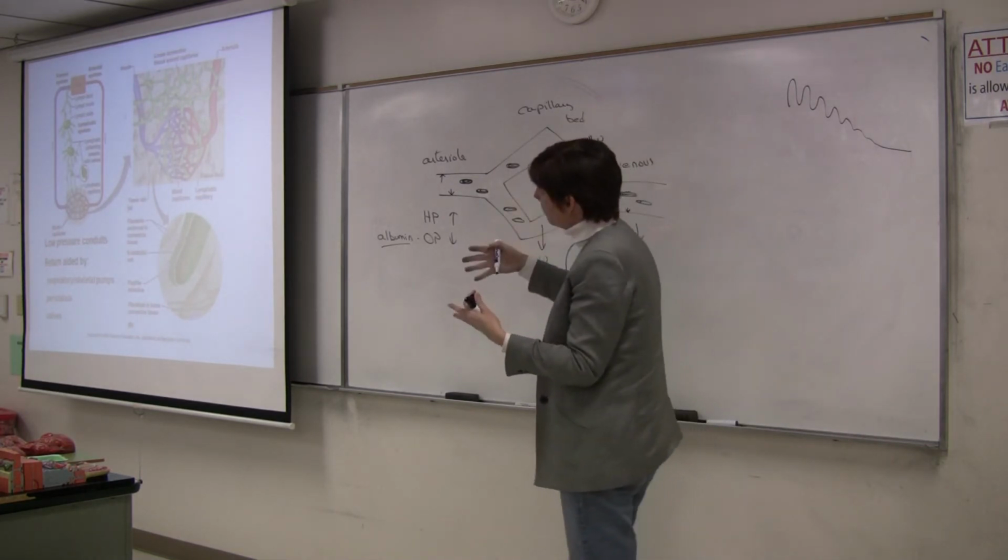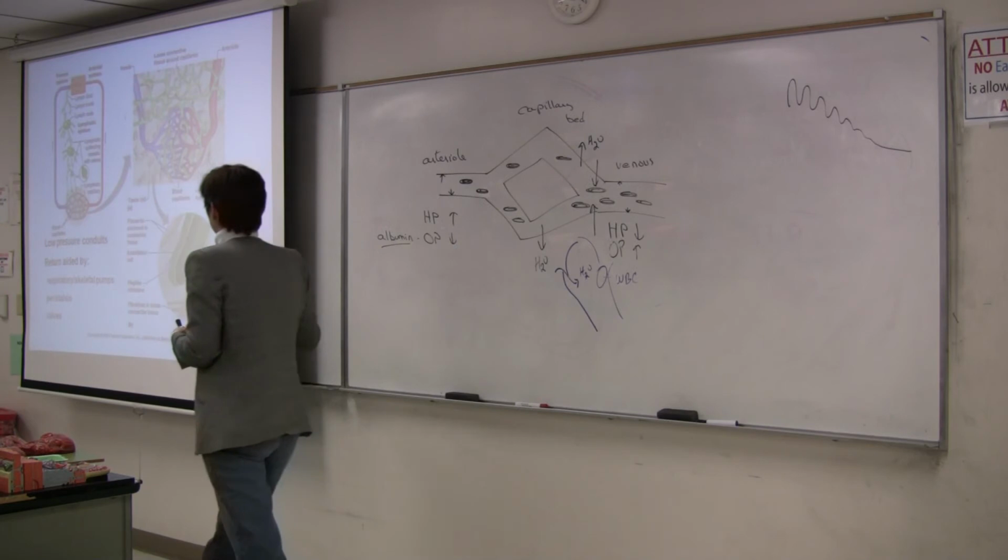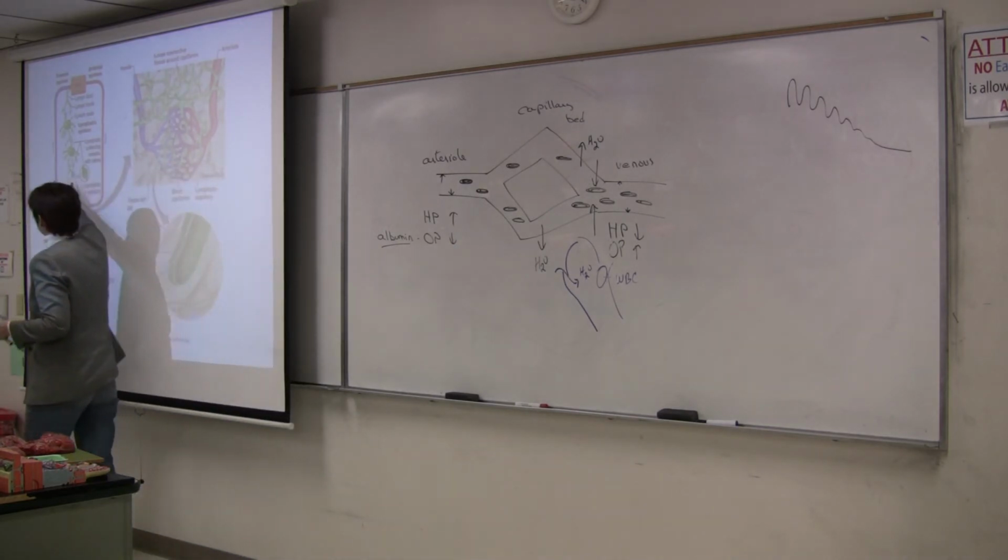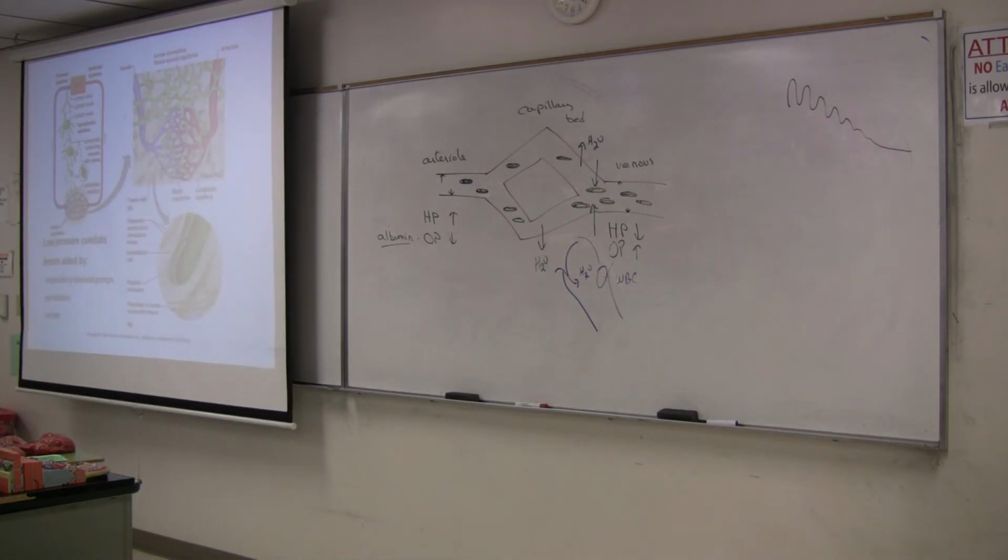So the lymphatic capillaries join together and form larger vessels called lymphatics. And those join together and form still larger vessels called lymphatic trunks. And all of those flow towards the heart.